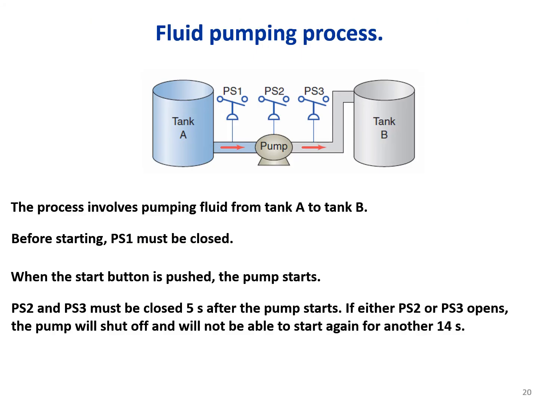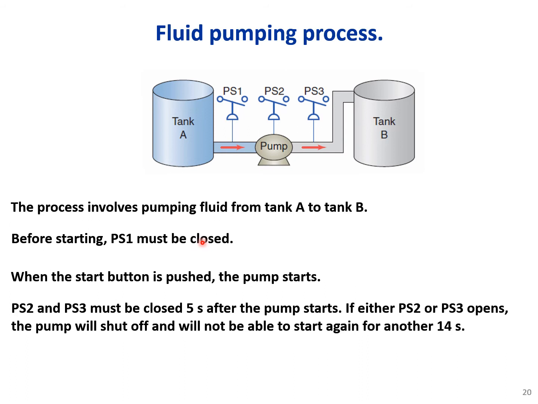Another example here is for a fluid pumping process. We have tank A, tank B, and a pump to pump fluid from tank A to tank B. Before starting, PS1 must be closed. PS1 is pressure sensor 1.